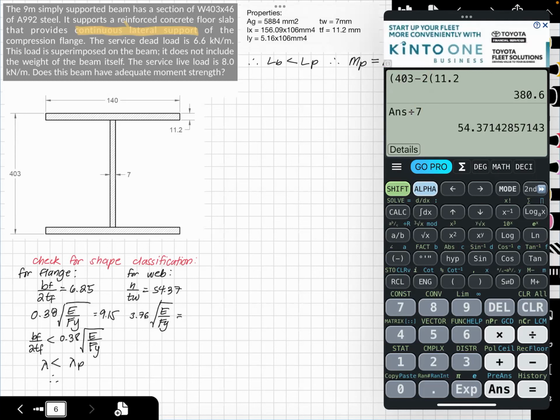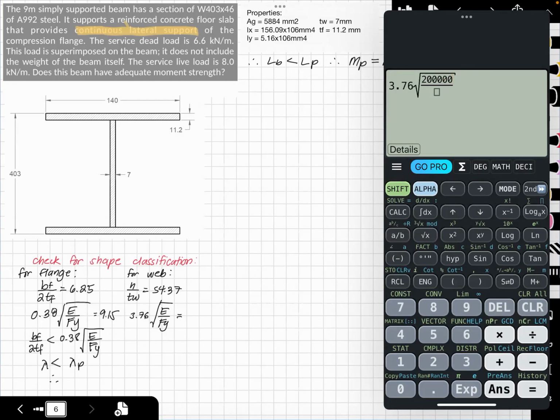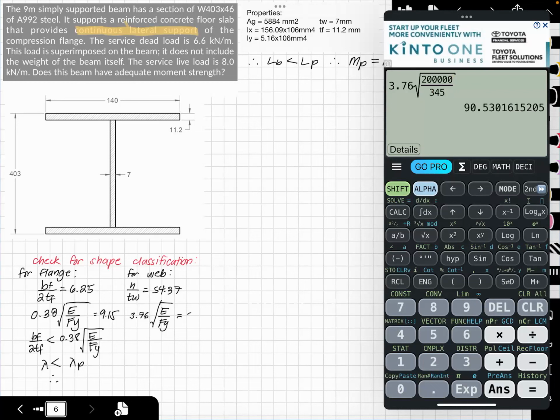Yan naman, 3.76 square root of 200,000 all over Fy 345. So, 90.63. So, similar, no?